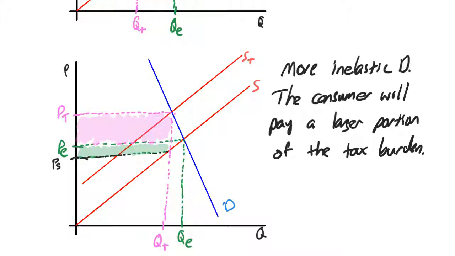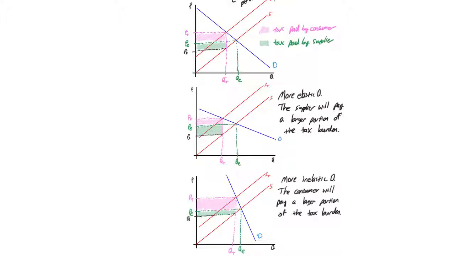This comes through practice, so when you get asked questions like this, you need to sketch out a graph, practice it, and make sure you know how to do it on your own without having to look back at notes, right? That's how this works, is with an inelastic demand, the consumer will pay a larger portion. With an elastic demand, the producer pays a larger portion. And that's basically it. You just need to be able to keep that straight so that you can answer the questions in the FRQs that you're going to see.